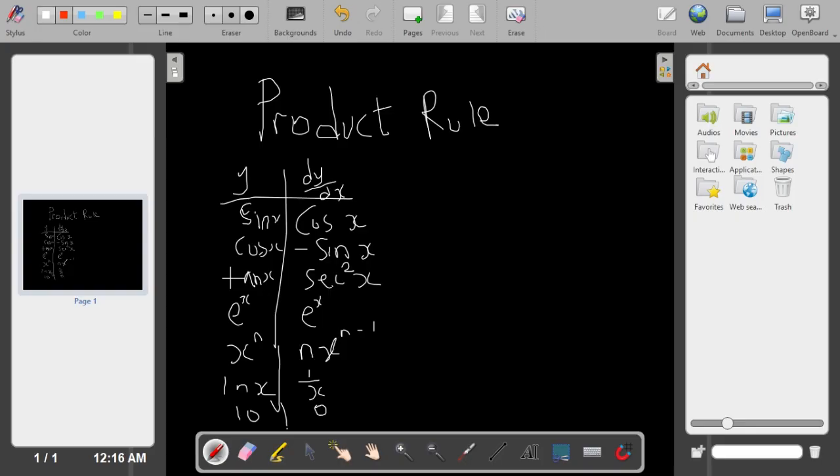So note that these 3 are trigonometric functions. These are trig functions. Now note that this is an exponential function. Also note that this is a polynomial function.